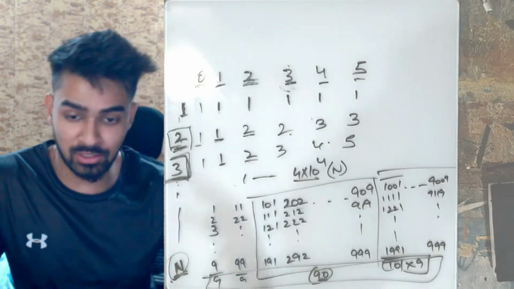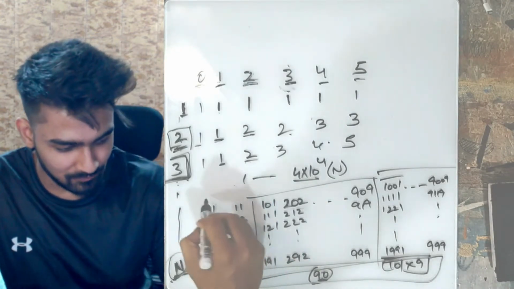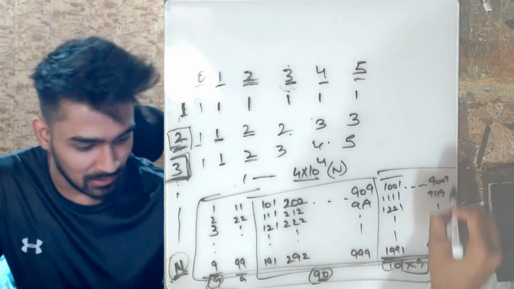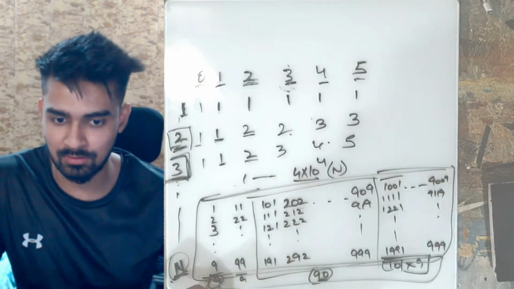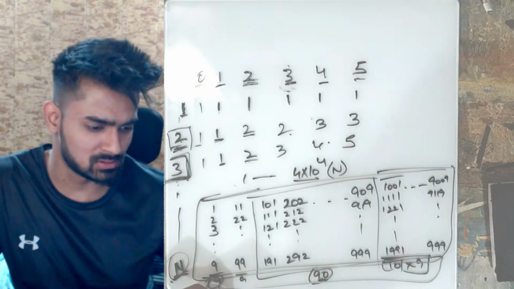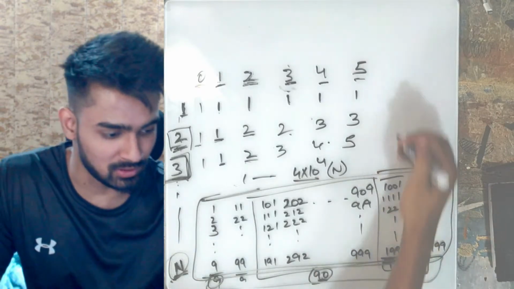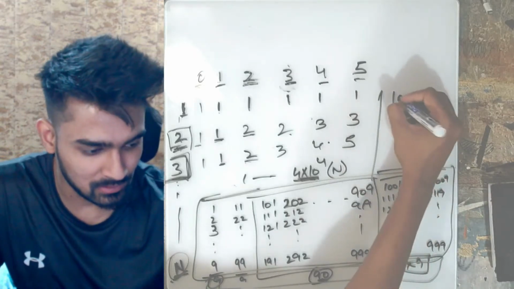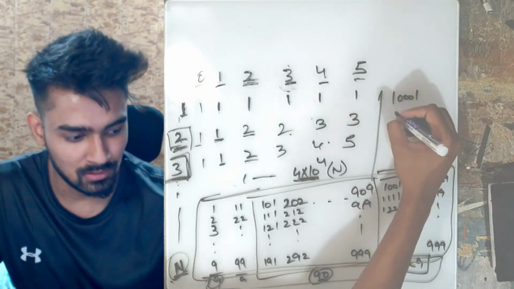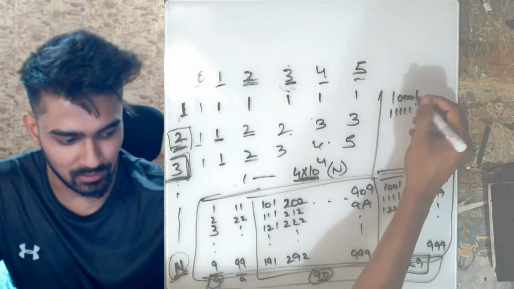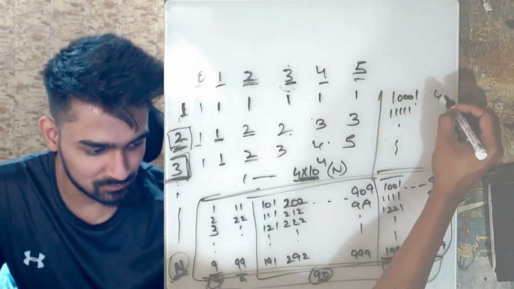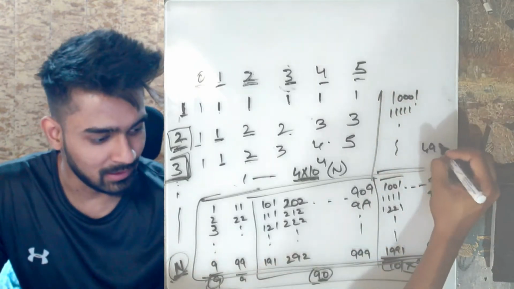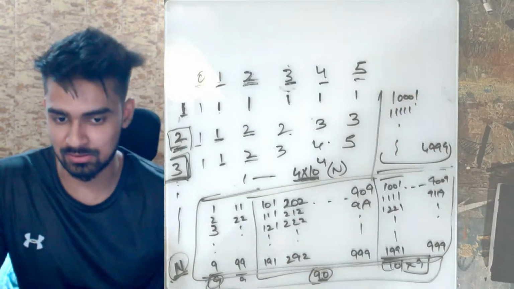So what I can actually do is first find all these values which are already palindromes. Oh, sorry, it is 4 into 10 to the power 4, so you can also have 5-digit ones like 10001, then 11111, and so on till 49994. So these will also be some cases.